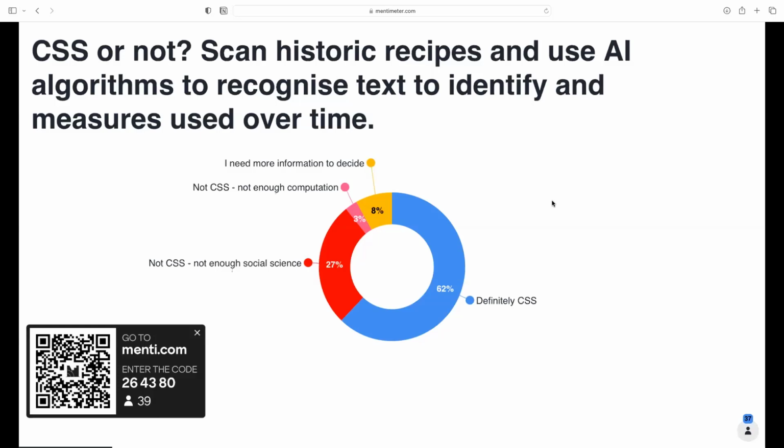But maybe we could be talking about how imported foreign foods integrate into domestic scenes and how people then take that up. Maybe it could relate to how wealthy people then start adopting fancy foreign foods into their diet. It could be exploring how that then trickles down and foreign foods and ingredients then become more normalized. So you could see how that would be a social science question.